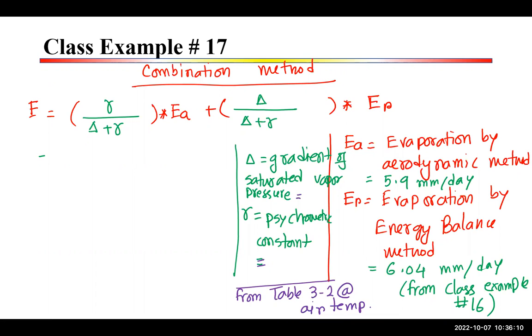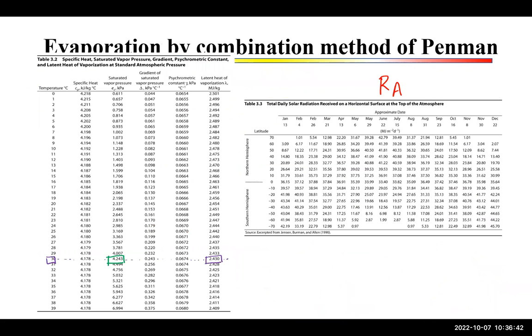I got a little bit different, 5.9. Okay, class, what number you got? At first, tell me what is the gamma and the delta value from table 3.2.